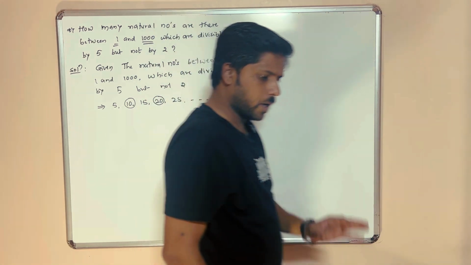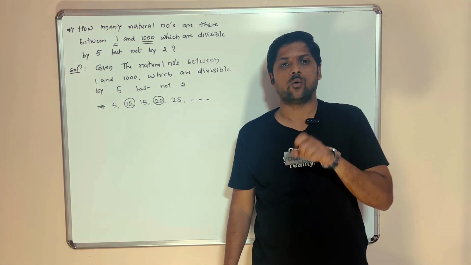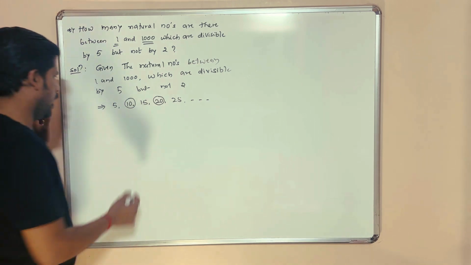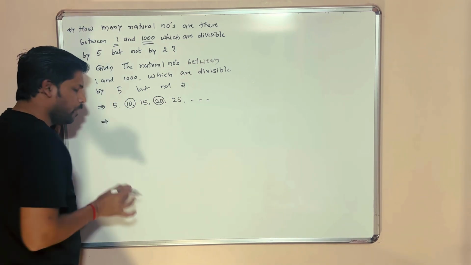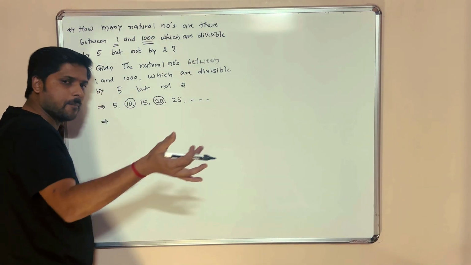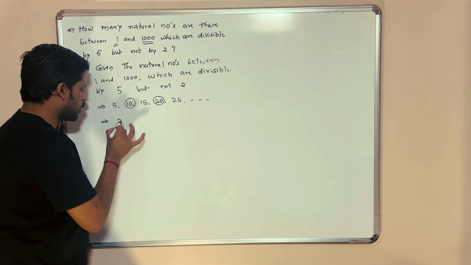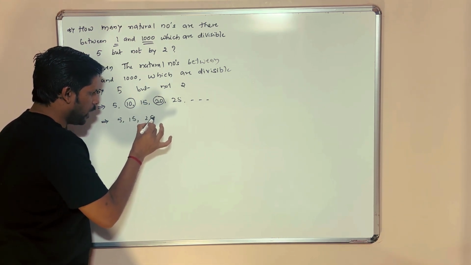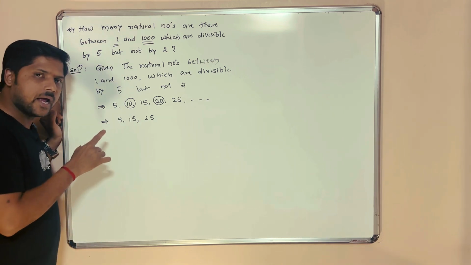Apart from those numbers, the numbers which are divisible by 5 but not 2 are 5, 15, 25. Now observe the AP.